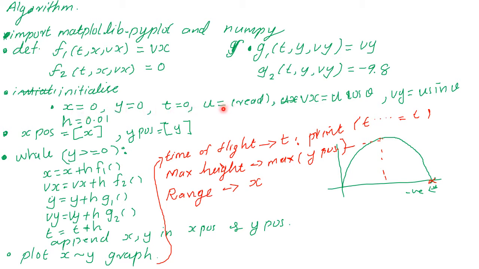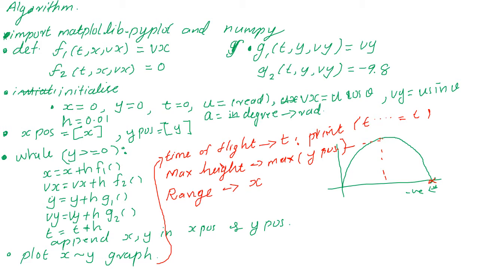You must give the value of u as well as you must read the angle. So let me call this a, and that will be in degrees. That is simple to us. You must convert that into radians. Okay, then you must calculate Vx as well as Vy.